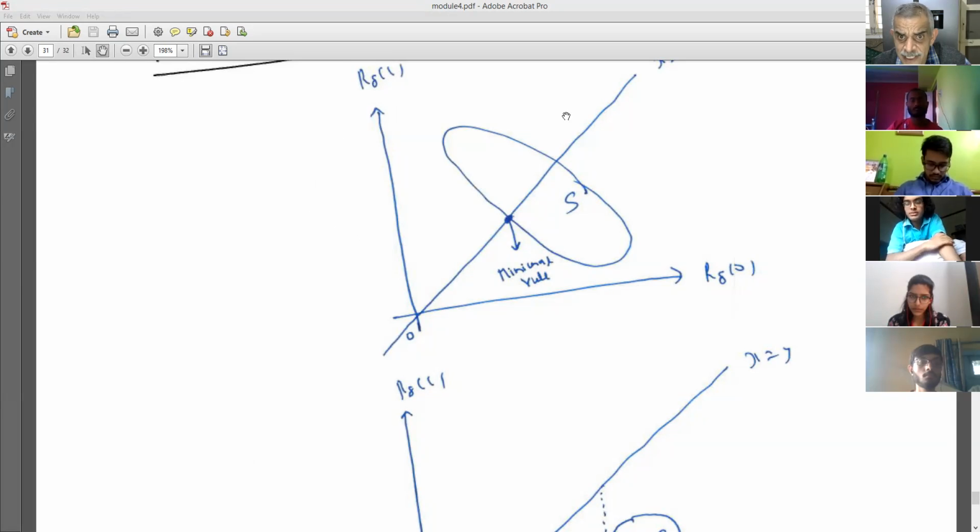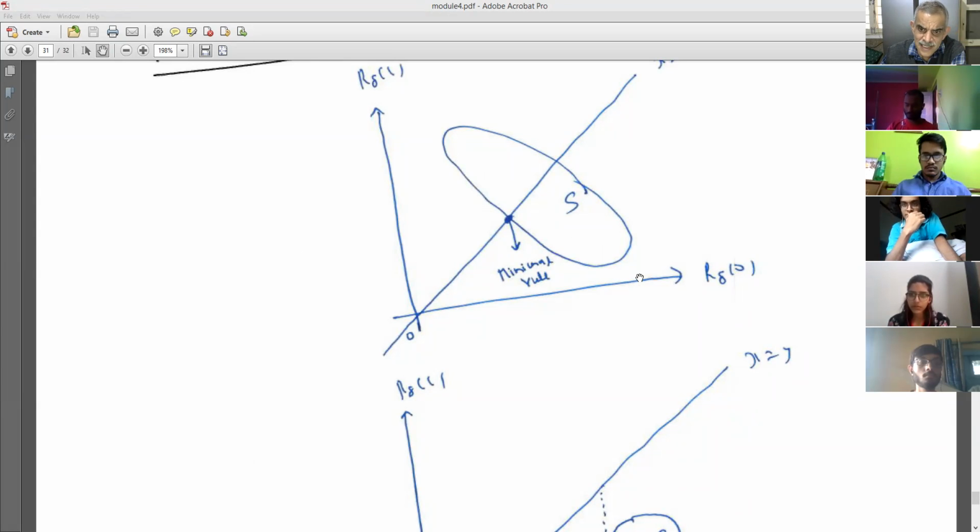So I see which estimator gives the minimum of R delta 1. It is that point only. Whether an estimator is here or over here, the maximum risk is minimum only at this point, and that is why this point corresponds to the minimax estimator.